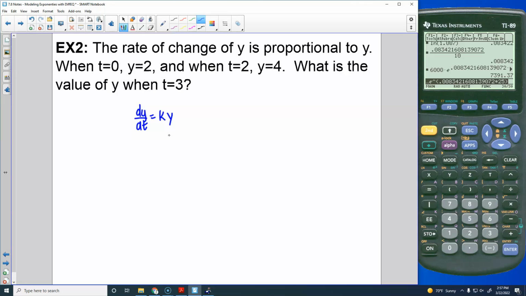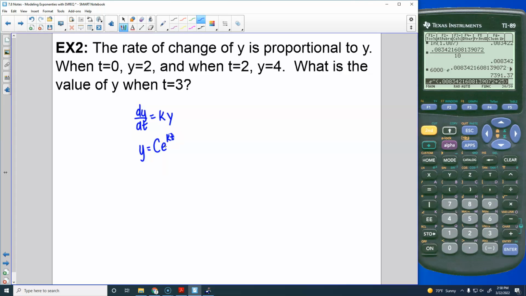When you have a derivative equal to just k times that variable, then you can skip all the way to y equals c e to the kt. It's kt, yeah.